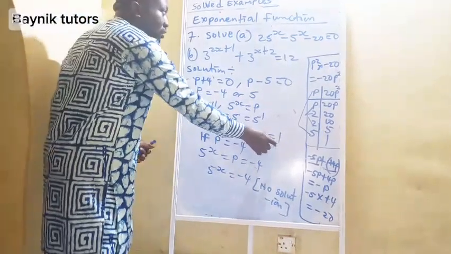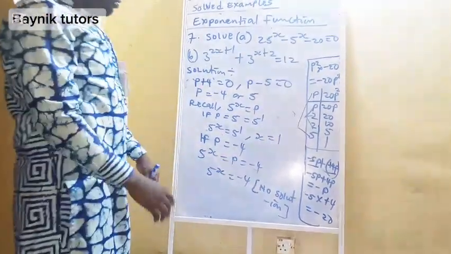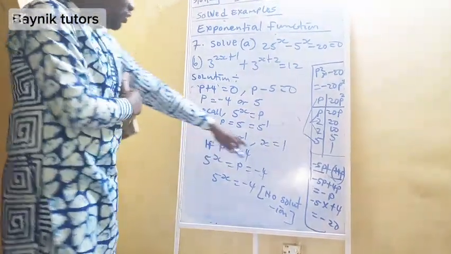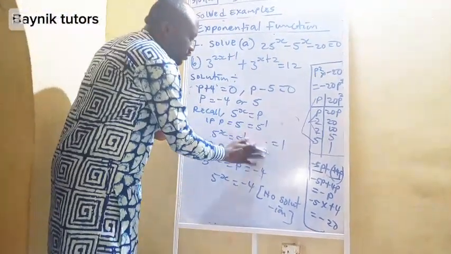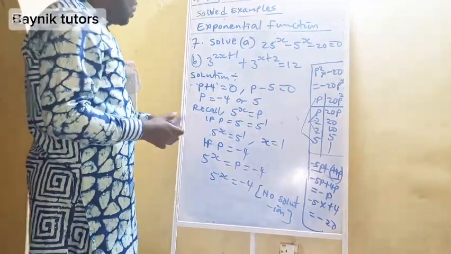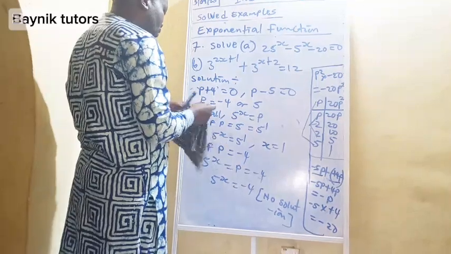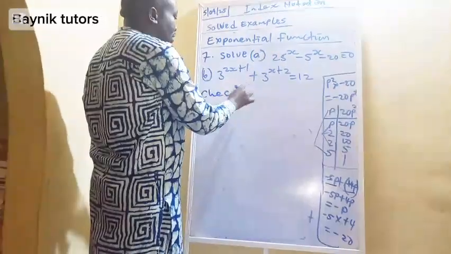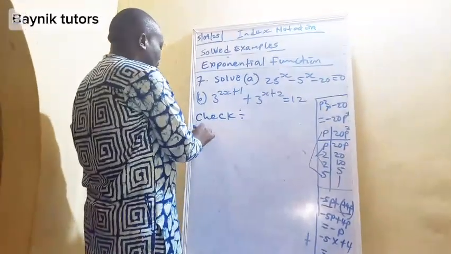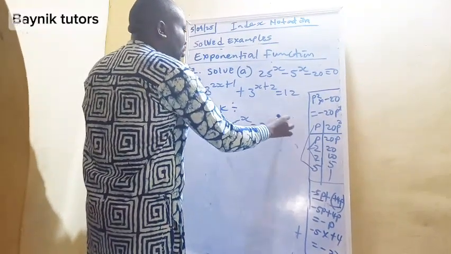Then we are going to do a check. Since we have s as 1, we are going to substitute for s as 1 here. You will see that we have 0. Very simple. Just try and check over again. So we have, in the external exam, we are given a question like this: 25 raised by s, minus 5 raised by s, minus 20 is equal to 0.